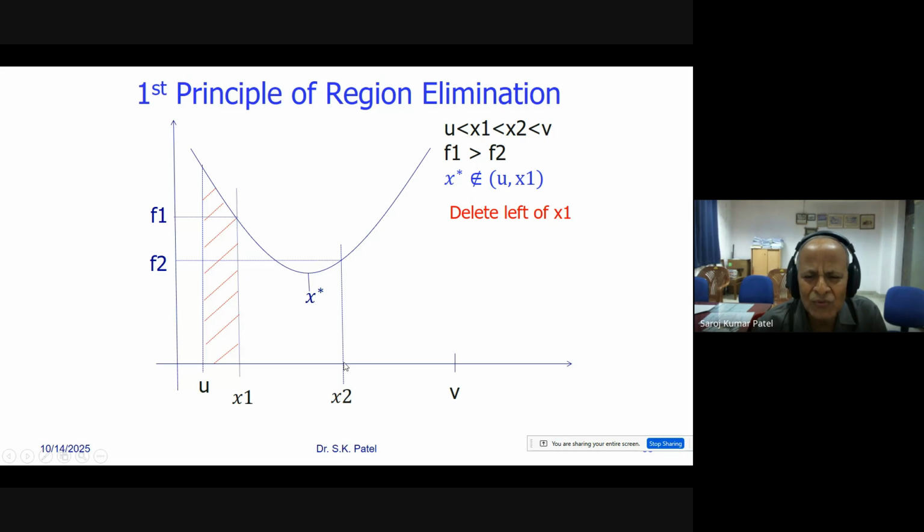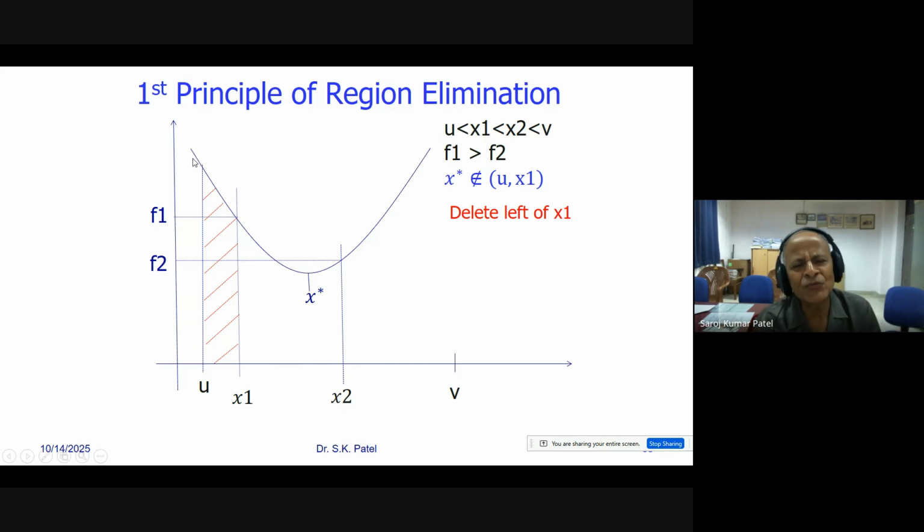At x2, from here to here, this is the value f2. And here, as x increases, the value of f decreases, right? So here, we start from the lower value, from here, and we proceed towards the higher value f1. And further, if you proceed like this, then the f value starts increasing.